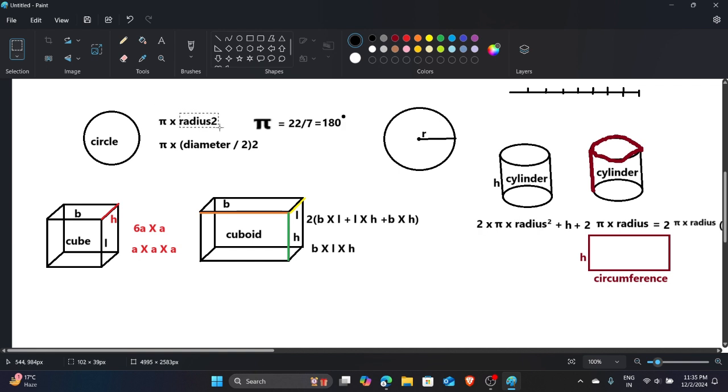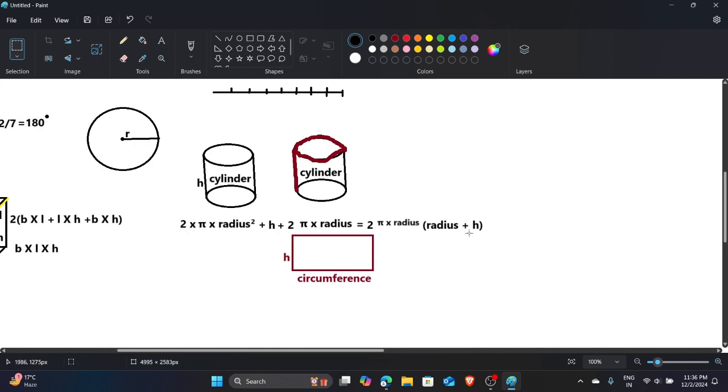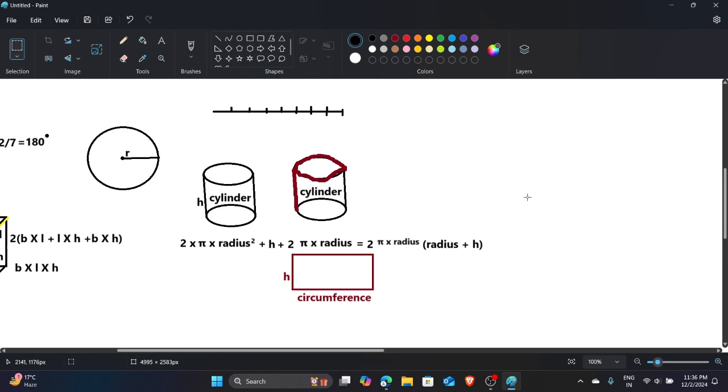I delete this, take a copy of this portion and add it here. So this is the perfect formula. This is the formula of a cylinder. Now you can understand it.